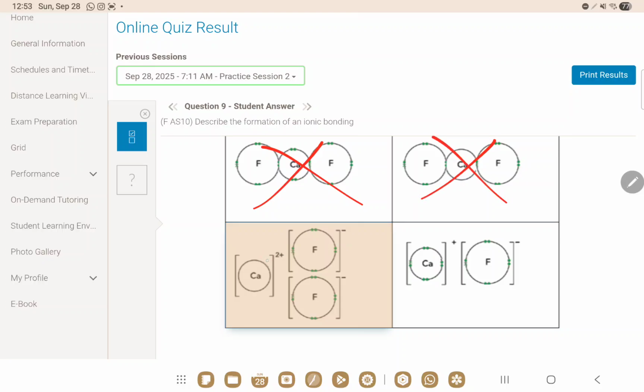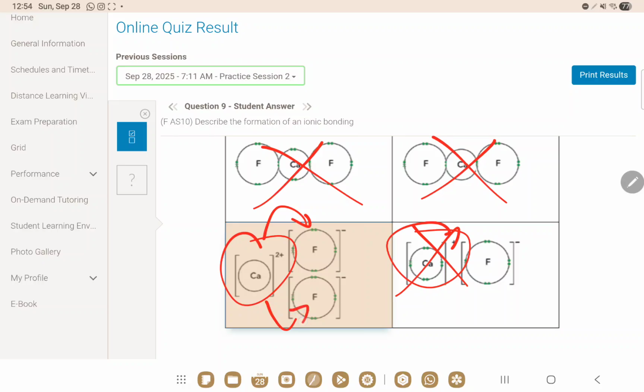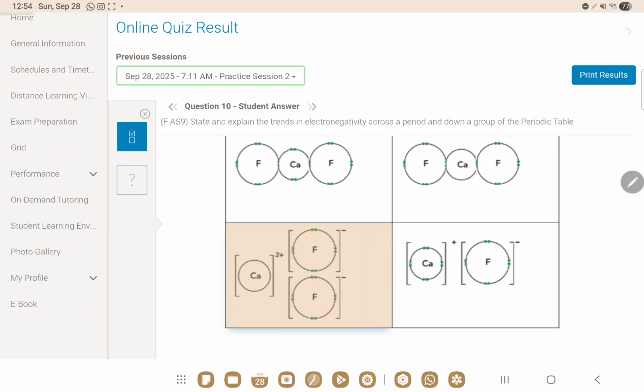You have Ca2+, and F is F-, because F is in group 7, it can only take 1. Ca is in group 2, so it's 2+ and can give 2. So this is immediately wrong. Here it can give 1 to each, because F can only take 1. Moving on.